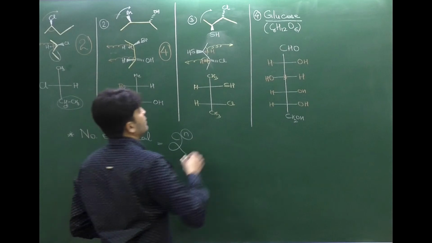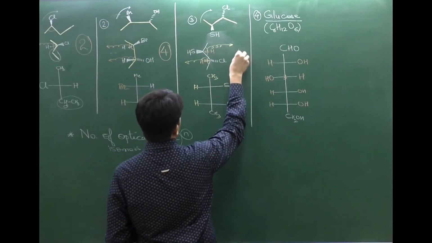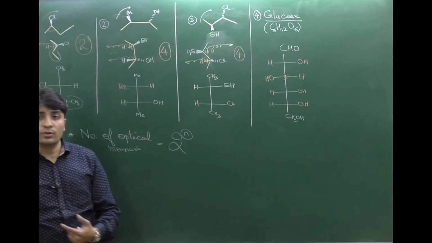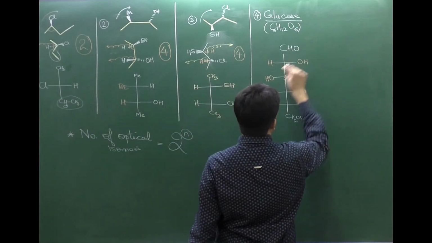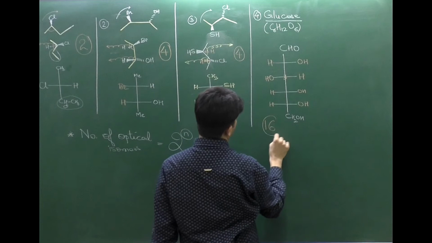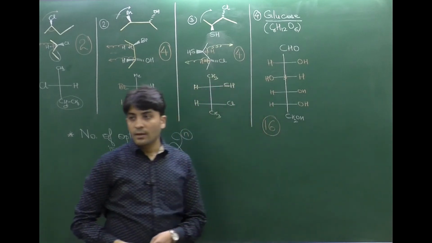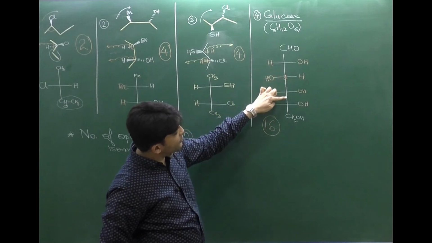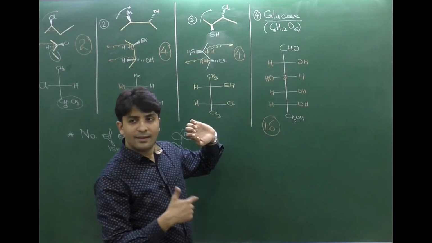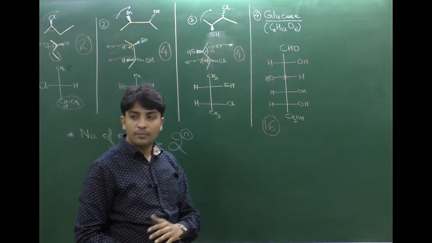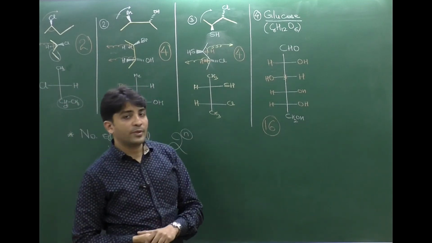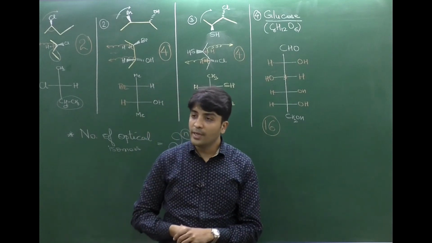Third one, same 2 centers, so 4 optical isomers. In case of glucose, I have 4 chiral centers, there will be 16 possible isomers, out of which 8 will have different arrangements with respect to the chiral centers, and the other 8 will be their mirror images. Since the structures have different optical properties, they are also given different names.